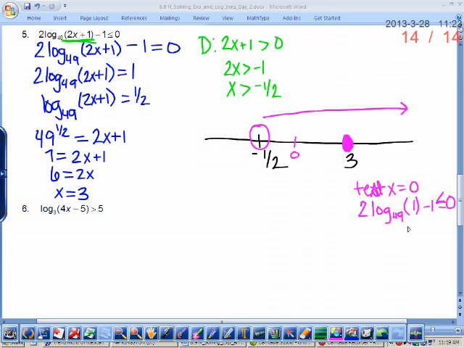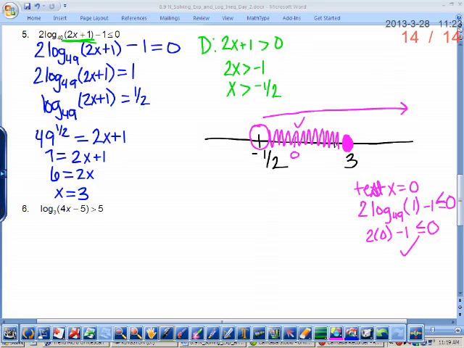All right, well, what is log base 49 of 1? 0. So this is 2 times 0 minus 1 is less than or equal to 0. Is that true? Yeah. So this works. Wait, how did you know log 49 was 0 again?